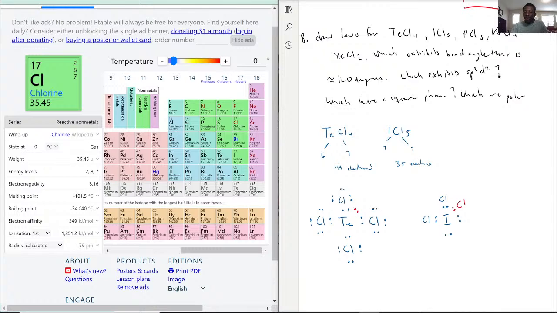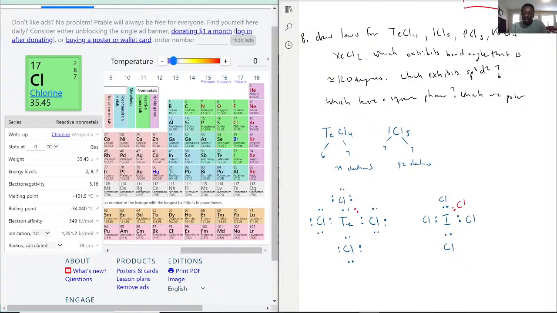Whoops, so it's not 35. Definitely did the math wrong. It's going to be 7 times 6. I did not account for, I thought we were still dealing with 4 chlorines, so it's actually going to be 42 electrons. We're going to have quite a bit to count through. So for tellurium, before I go ahead, I'm going to make sure we actually have 34. There's 8 on each chlorine, so 8, 8, 8, 8.